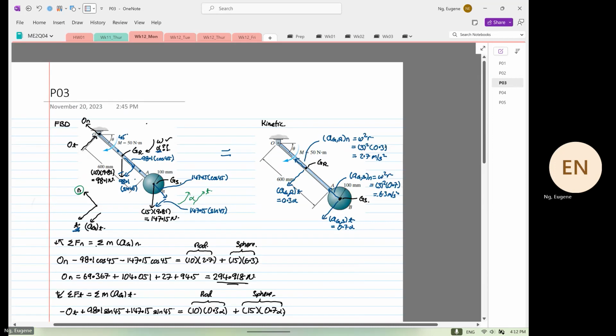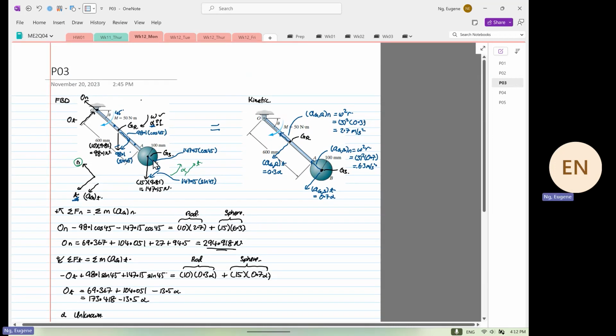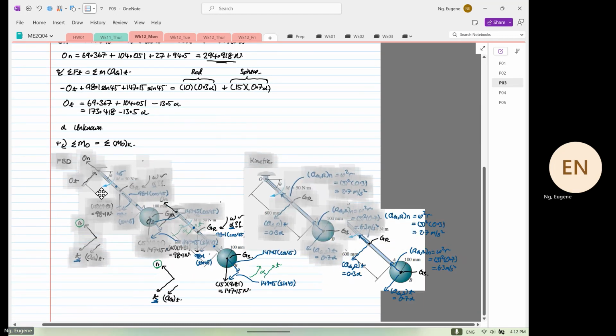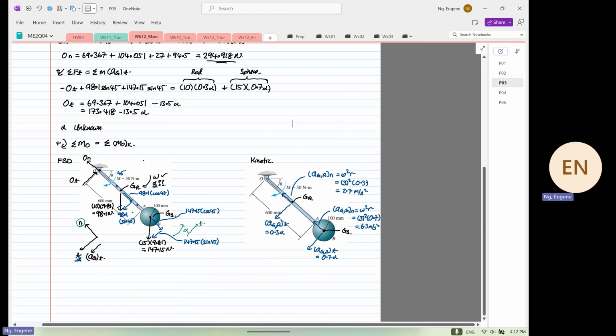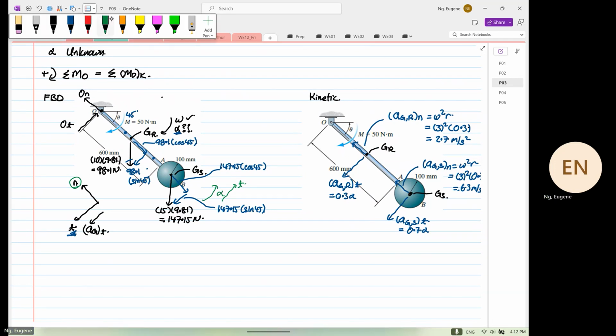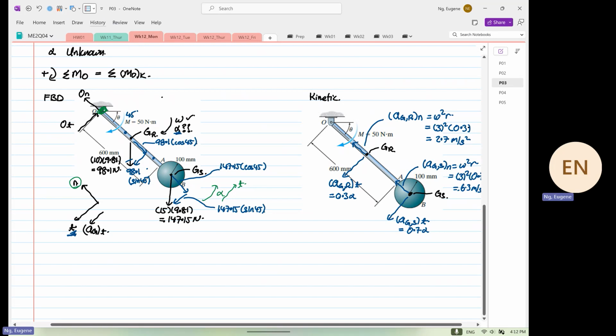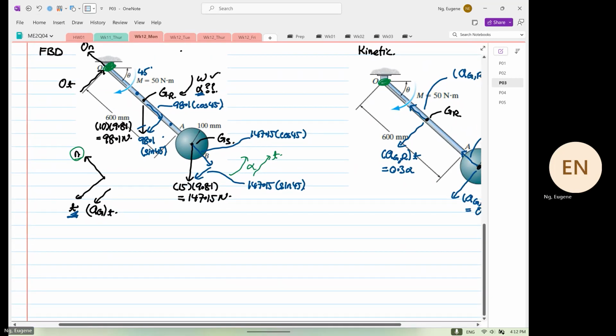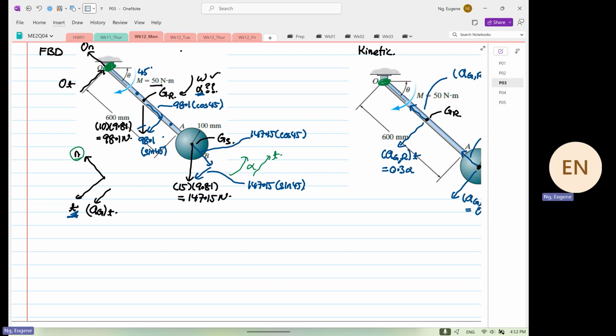I would like to copy this diagram again. Can I paste? Right. So we're going to take moment at point O. Point O is this position over here that I'm circling in green. So what we have, the 50 is positive.